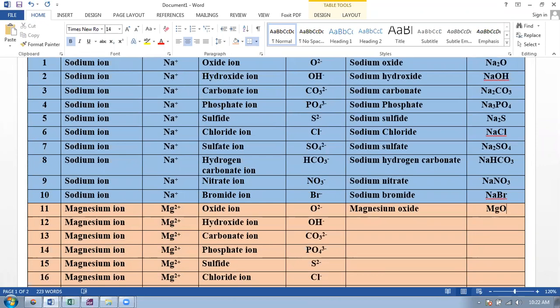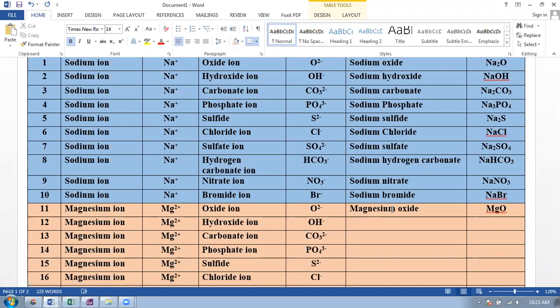So magnesium 2 is here and oxygen 2 is here. Both are 2, 2. So when you see both are 2, 2, both are 3, 3, both are 4, 4, similar charges, then we don't need to write these similar charges. So ignore these 2 and 2. They cancel each other, and just MgO. So magnesium oxide has the formula MgO.